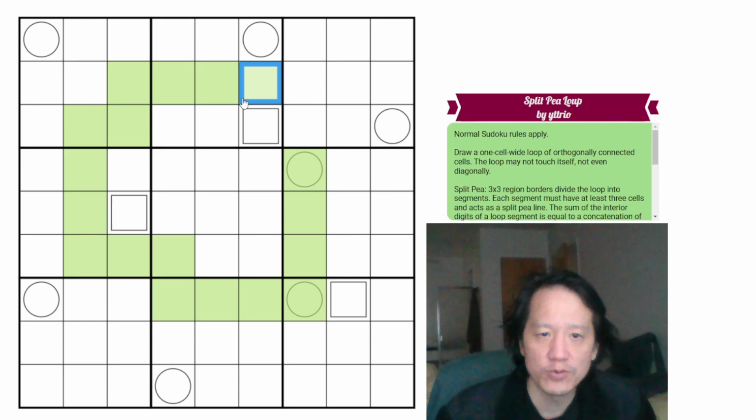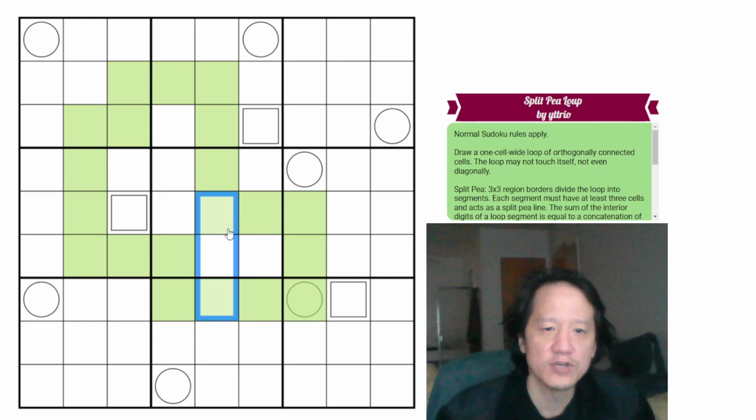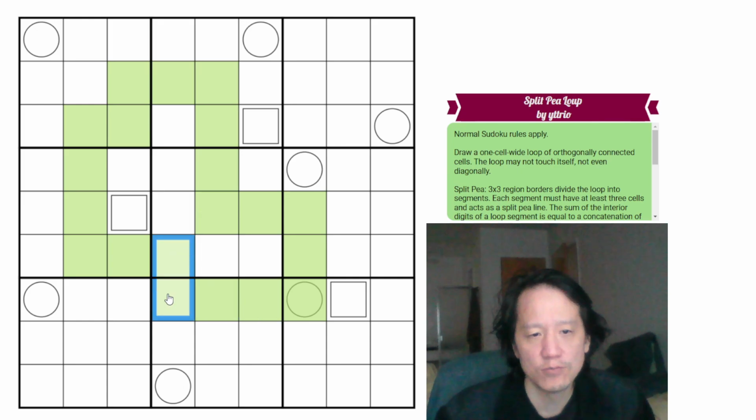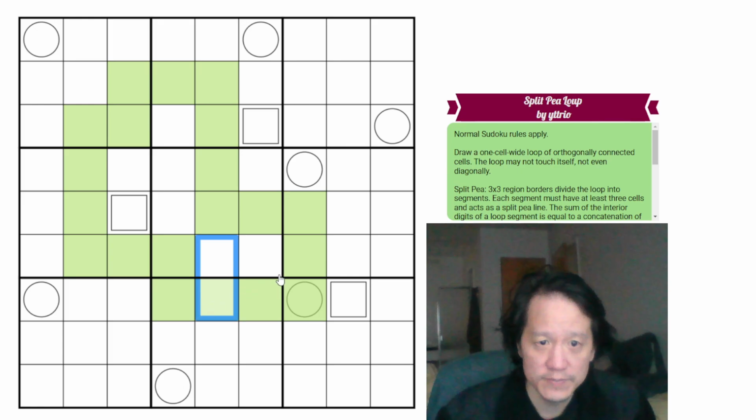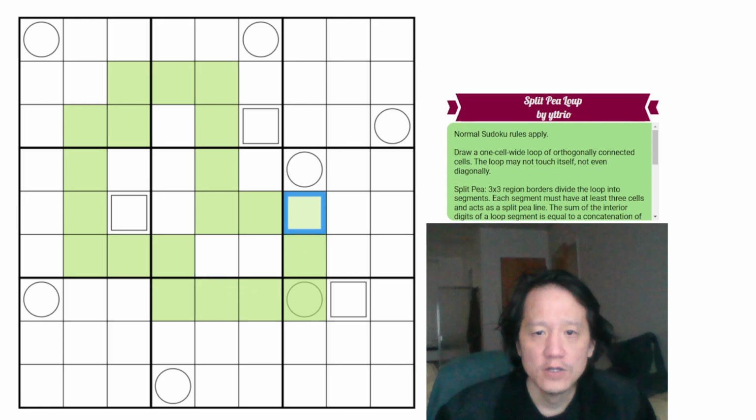So, for example, let's remove that. This would not be allowed because it's touching itself diagonally. And obviously you can't touch itself orthogonally either, right? So that's the loop rule.